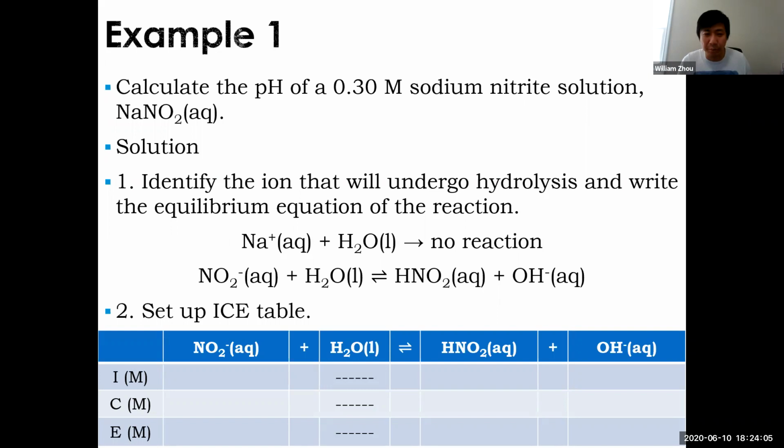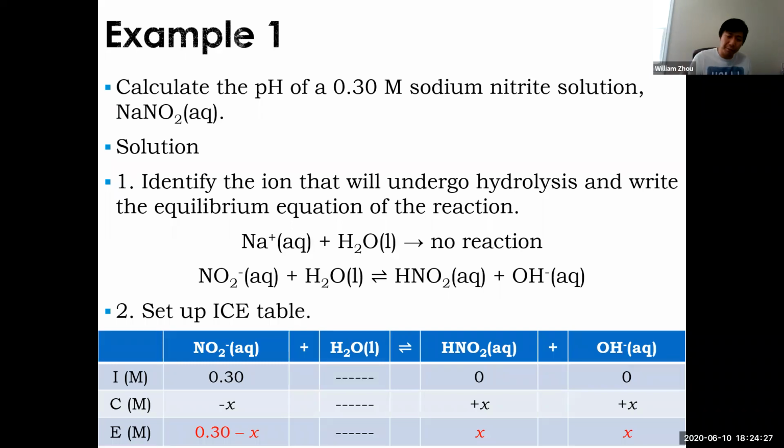Sodium nitrite is 0.3. It's a 1-to-1 ratio, so NO2 will also be 0.3. You would, of course, have zero products because you didn't react yet. Change is just x, and equilibrium is I plus C, initial plus change. You've seen this many times. This should be very intuitive at this point.